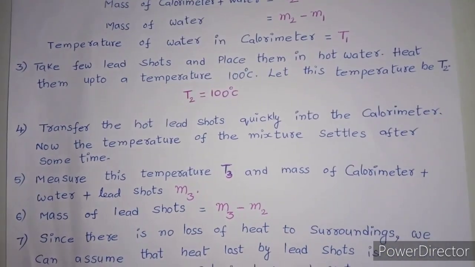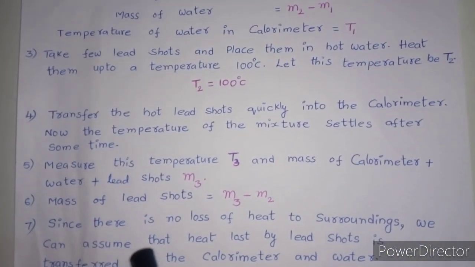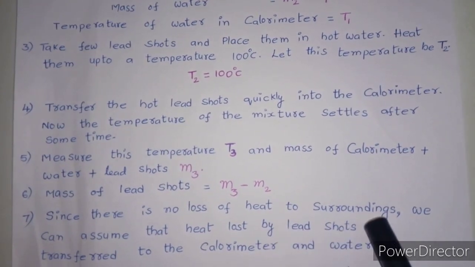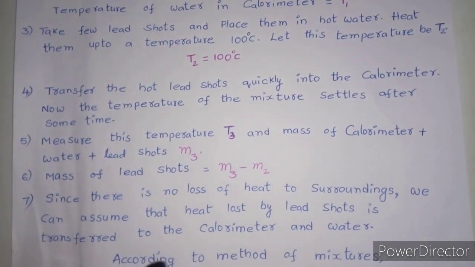We know that in a calorimeter there will be no loss of heat energy into the surroundings. So we can assume that the heat lost by the lead shots is transferred to the calorimeter and water.